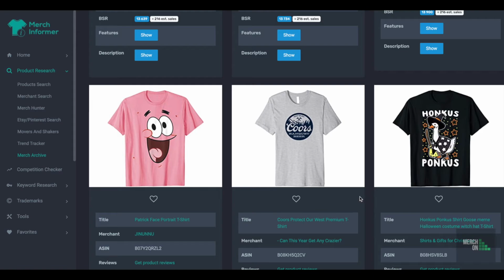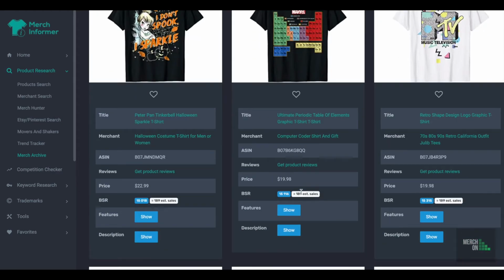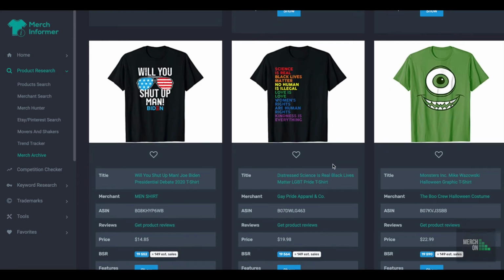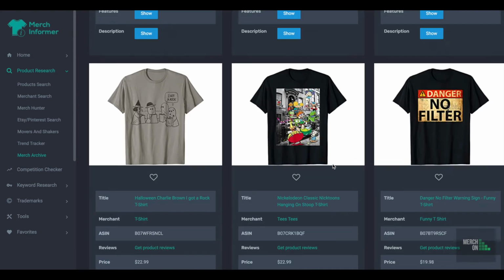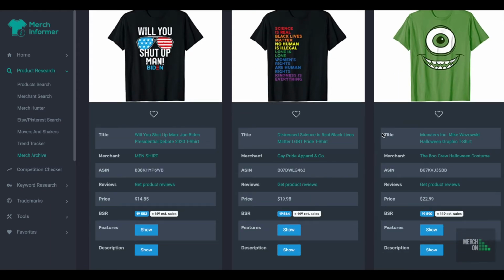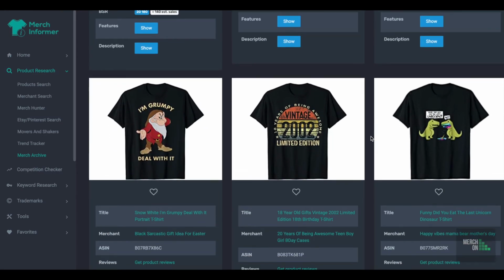And you see costume. This is obviously from SpongeBob, but people like costume style shirts that they could wear at Halloween. As you can see, stay away from the Disney stuff, but you can come up with some creative costume designs that people might buy to wear, instead of wearing some traditional costume or something.